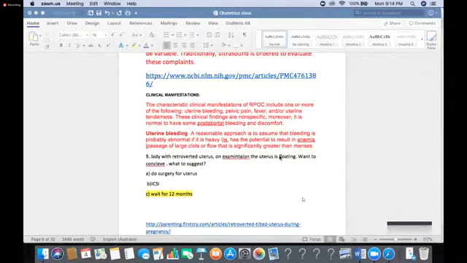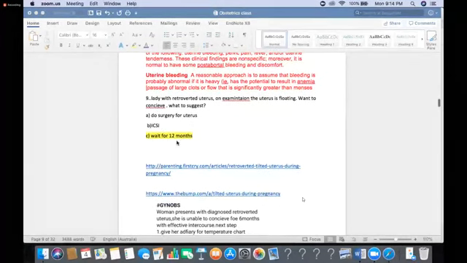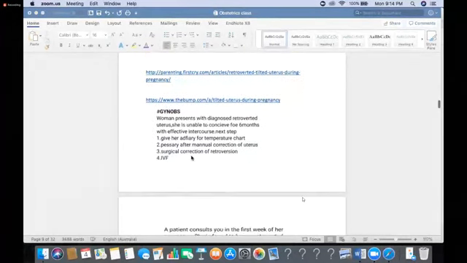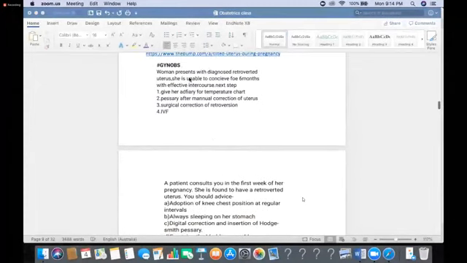Okay, lady with retroverted uterus, on examination the uterus is floating, wants to conceive, what to suggest? The options here are surgery for the uterus and intracytoplasmic infusion, and the next one is wait for 12 months. I have found 2 different questions here. One: a woman presents with diagnosed retroverted uterus, unable to conceive for 6 months with effective intercourse.